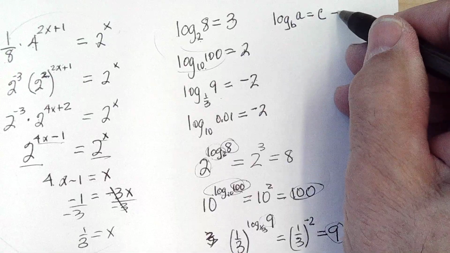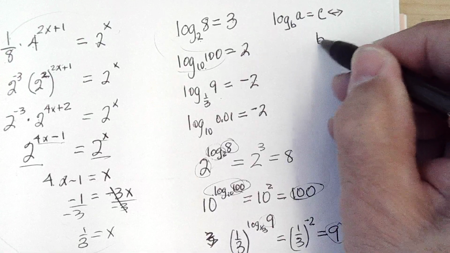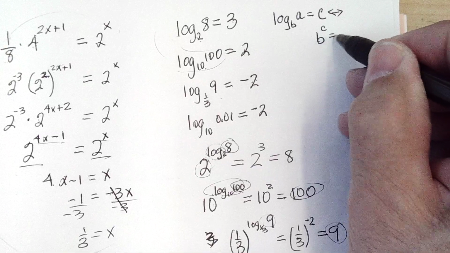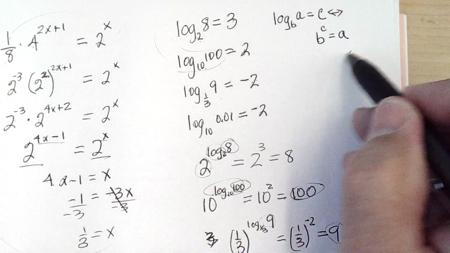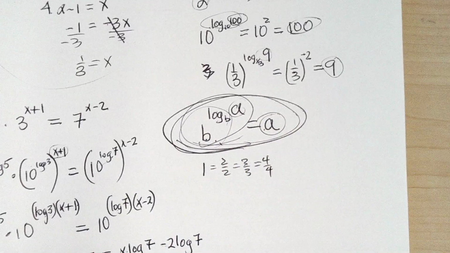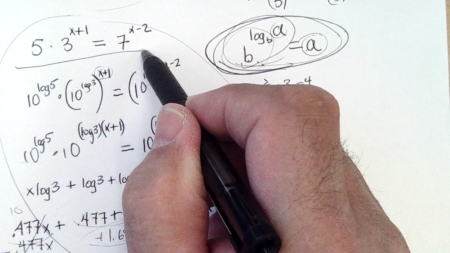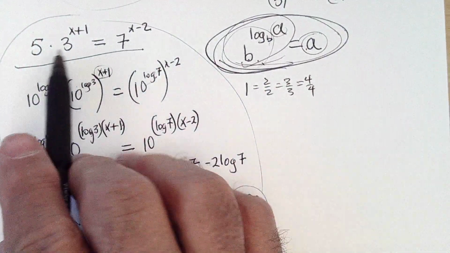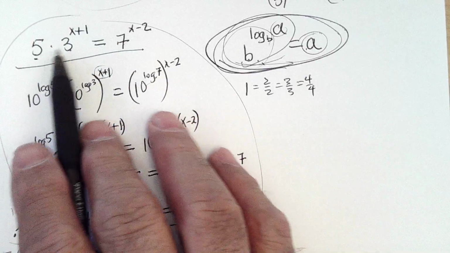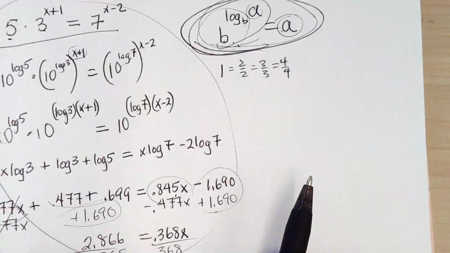We can rewrite this as a power equation, b to the c equals a. So these are two things I want you to understand, and how this allows us to do this kind of problem with not common factor bases like this was. How we can move forward.